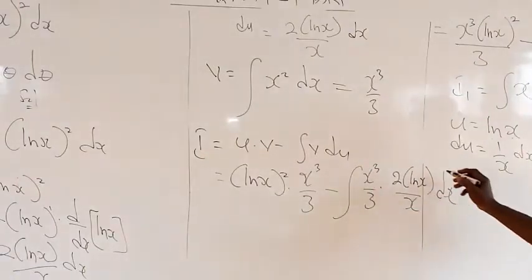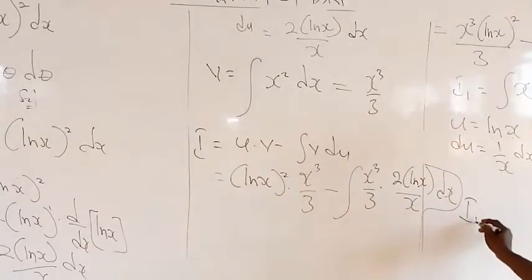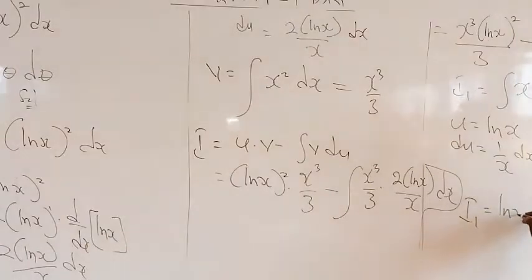So we get I1 to be uv. u is ln s times v. v is s to the power 3 over 3, minus the integral of v, s to the power 3 over 3, times du. And du we have here is this. Very good. Now we can see what we have.